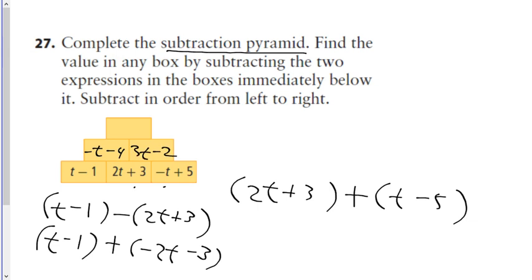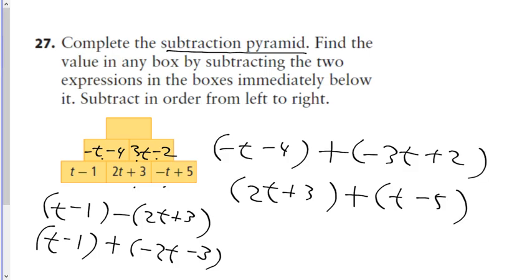And finally, the last one will be this, take away this, which will become addition of the opposite, negative 3t plus 2. Now I just have to gather my like terms. My top step will be negative 4t minus 2.